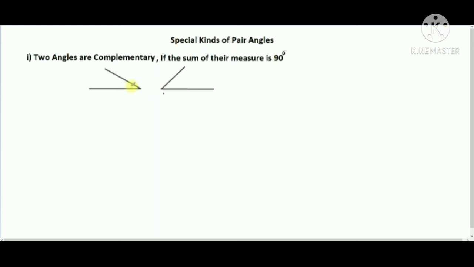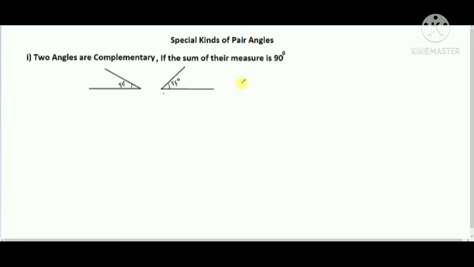So here, according to the definition, two angles are complementary if the sum of the two angles is 90 degrees. So suppose this angle is 35 degrees, and this angle will be 55 degrees.